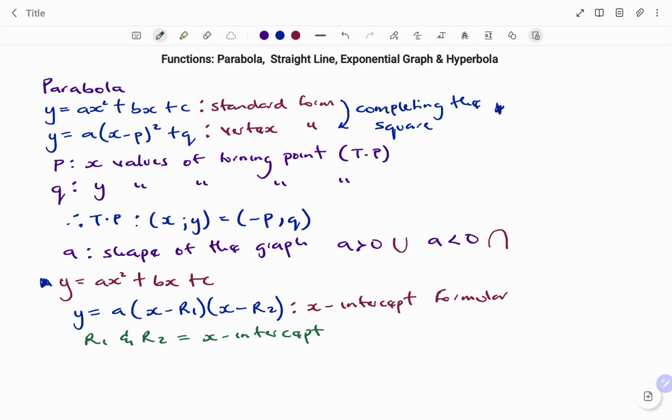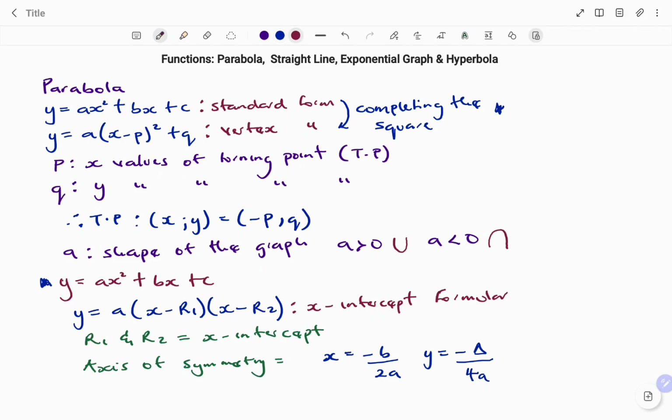And from here, I can find my axis of symmetry, which is equal to my coordinate x, which will be minus b divided by 2a, and the coordinate of y equals minus delta over 4a.